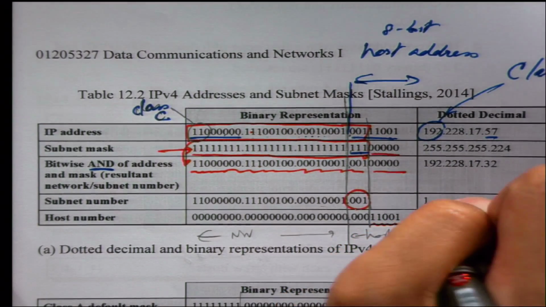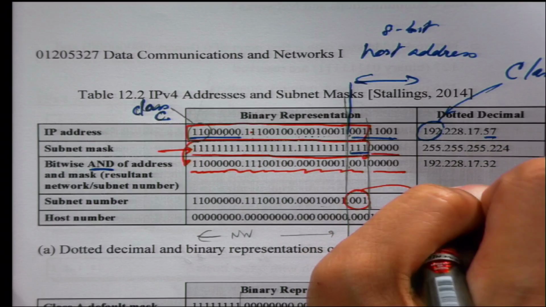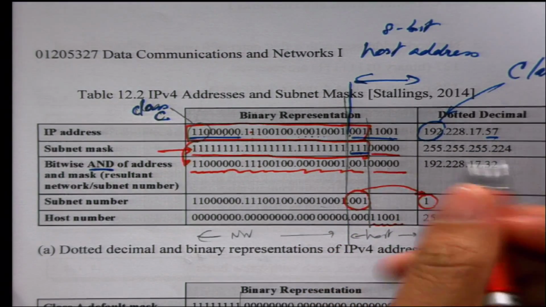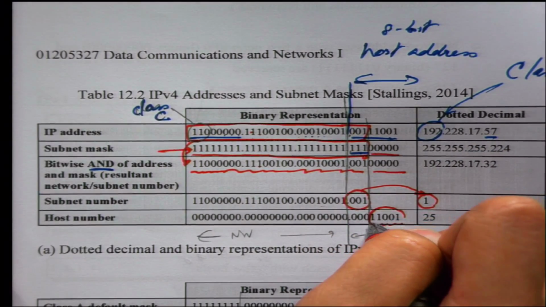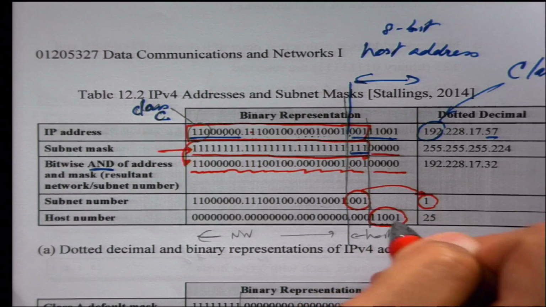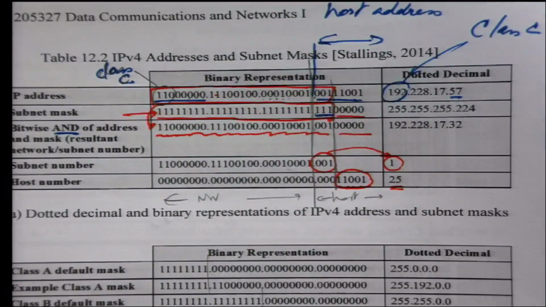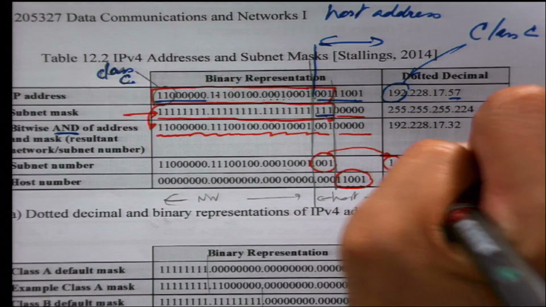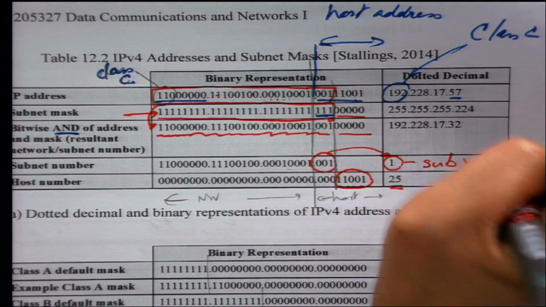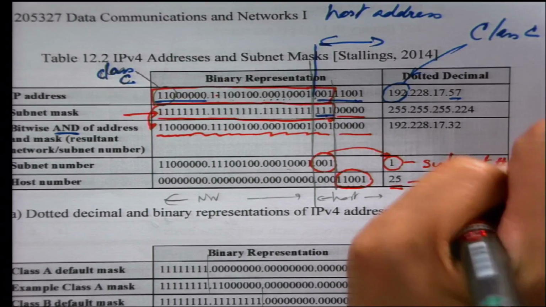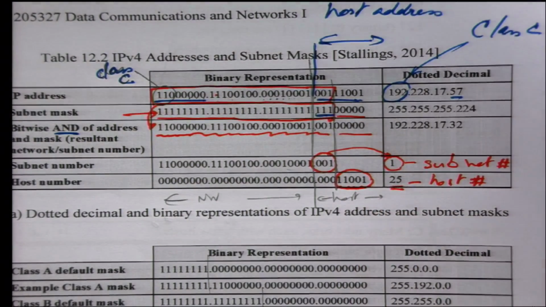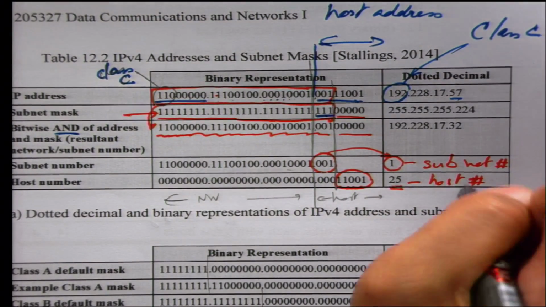So in this case, the subnet number is number 1. And what is the host? The host number is the rest of the 5 bits at the end, 11001, which is 25. So in this case, you have the subnet number, host number, and a class C address.